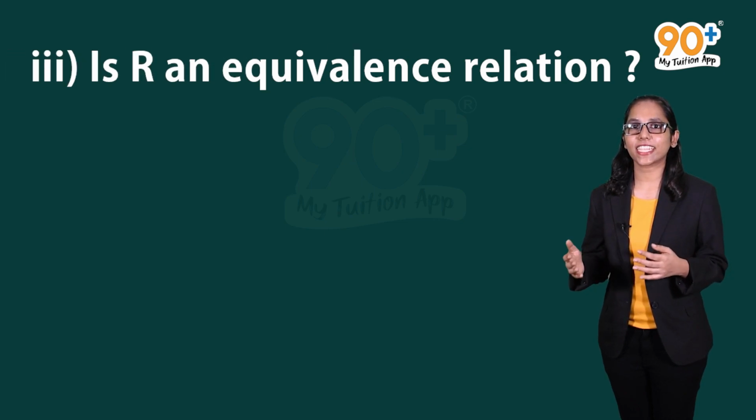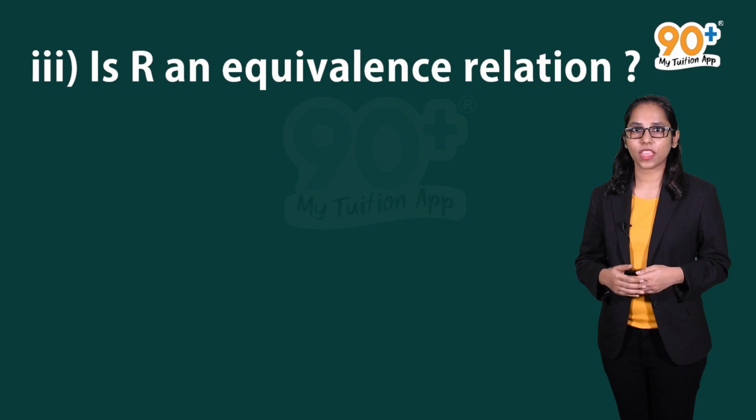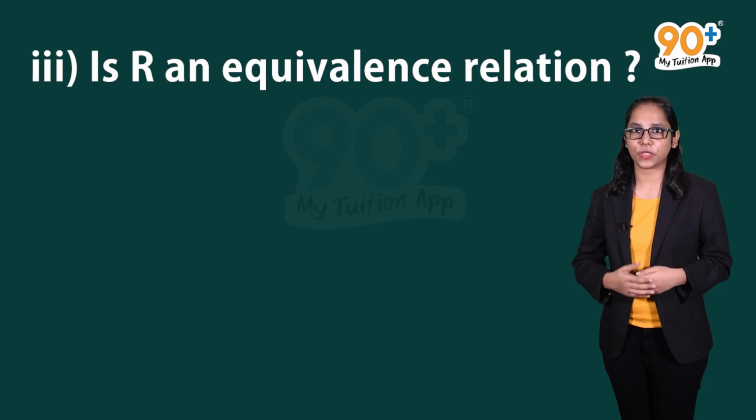Moving on to the next sub-question, is R an equivalence relation? From the previous question itself, we have proved that R is reflexive. Now we have to prove whether R is symmetric and transitive.